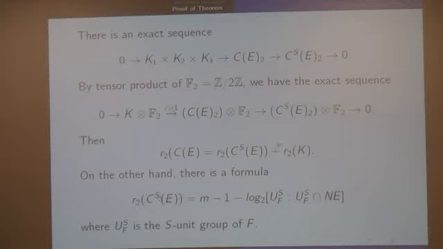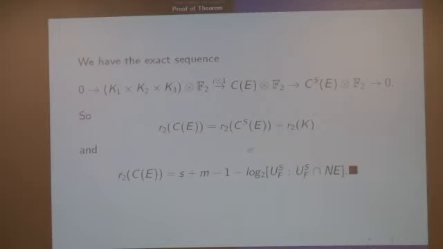We put it in. We get this, where US is the S unit group. We can get this formula. This formula is just like in my older paper, 209. The keyword in my paper is the two-element subgroup lifting into CE. We can get this result, this formula.